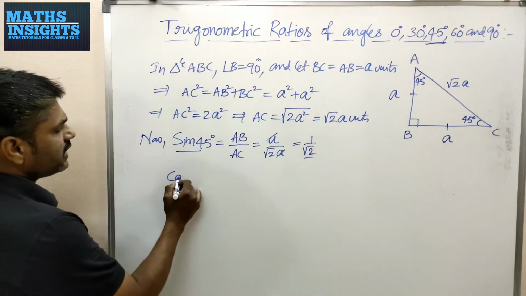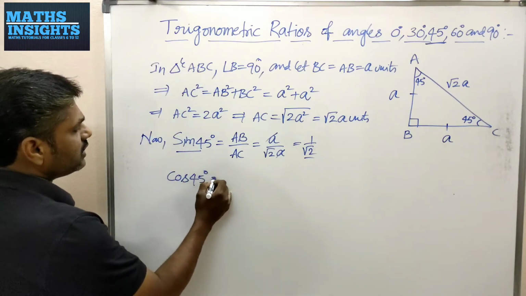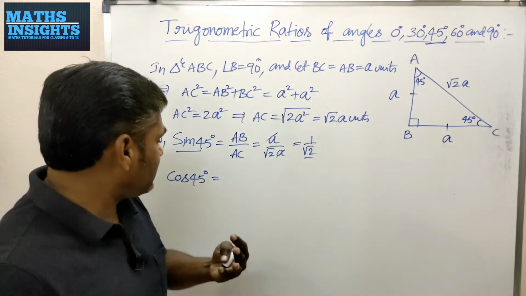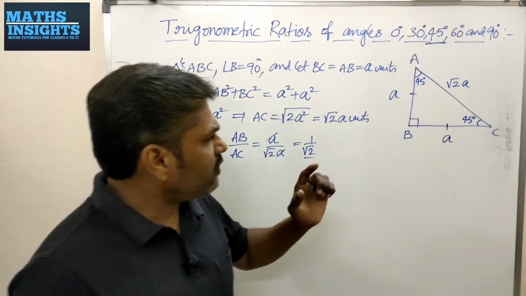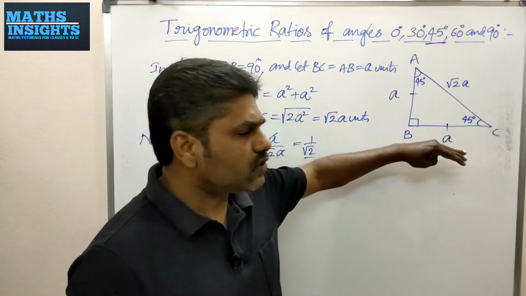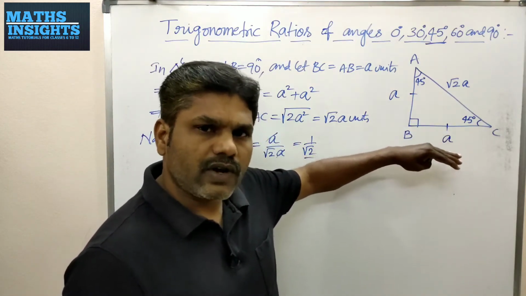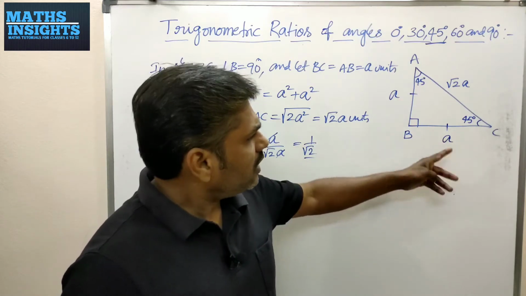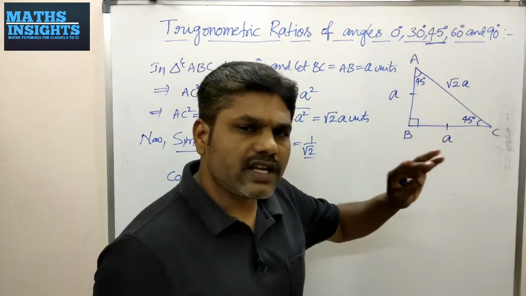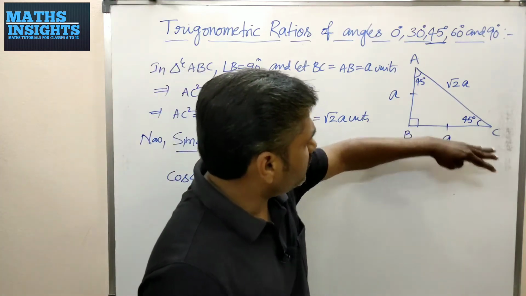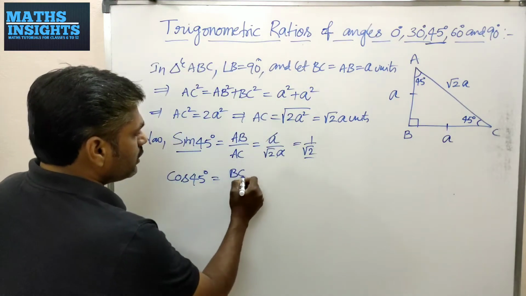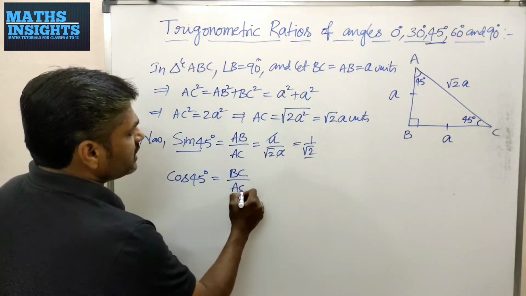Similarly, if you take cos 45 degrees, you know the definition of cos theta. For cos theta, we take the side adjacent to 45 or theta, whatever it may be, and the hypotenuse, that is the ratio. Now the side adjacent to 45 will become this, BC, by the hypotenuse AC.